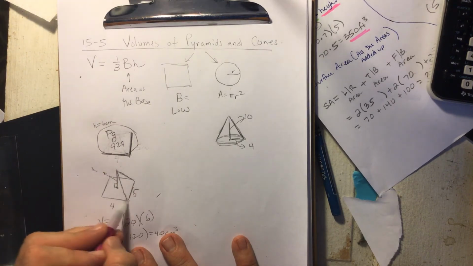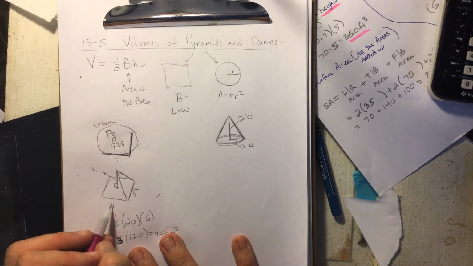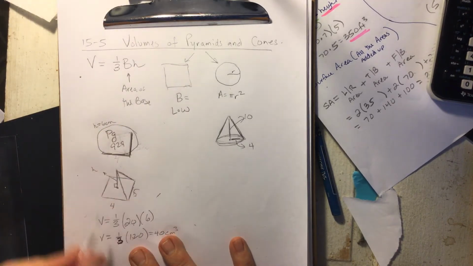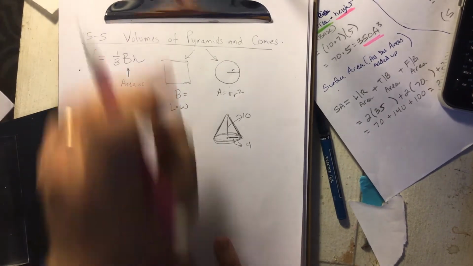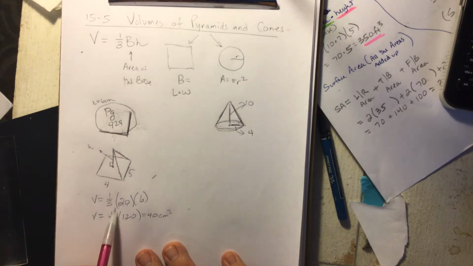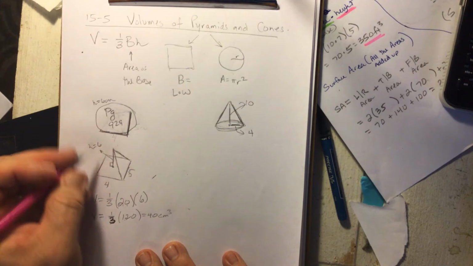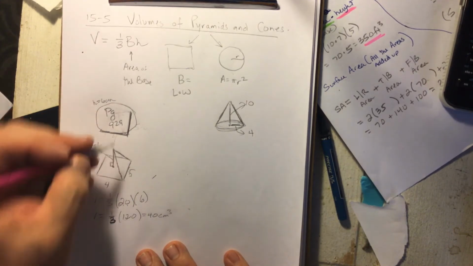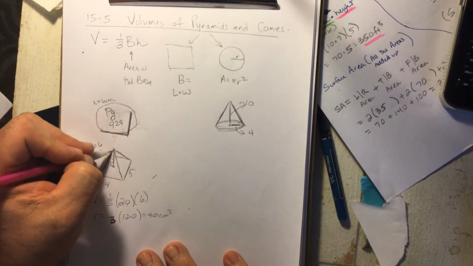So if we look at it from this point of view, and I have a base right here, the base is length times width, which is where I get my 20 from, okay? And then my height is the height that comes up here, and they actually say that's 6. Now remember, it's not the side of the triangle. It's the height from the center up to the spot where all of these meet.